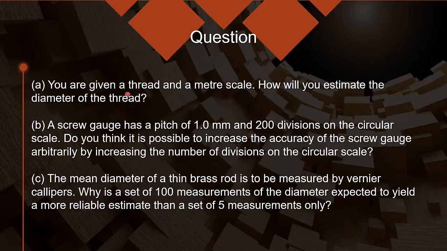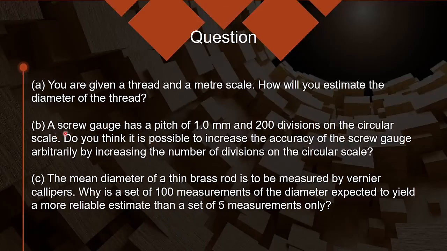You can wind the thread on the meter scale till you get a measurable length, like 1 centimeter. Then with the number of turns of thread, you calculate the diameter by simply dividing the known length by the number of turns. That thickness will give you the diameter of the thread.